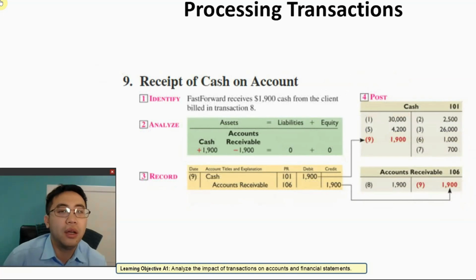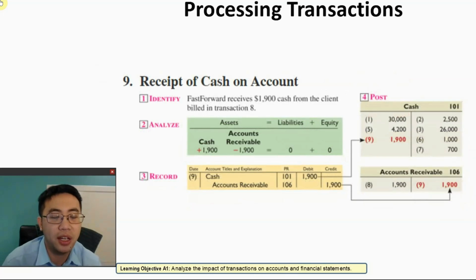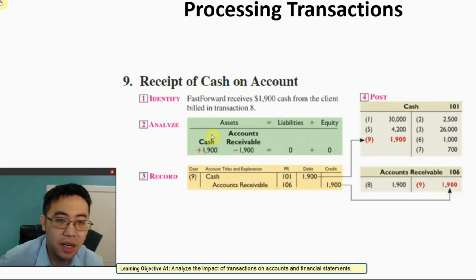All right. Number 9, the company just receives $1,900 from the client billed in transaction 8. So basically, the bill is being paid off. So they finally give money to you in cash. So what happens is you'll receive $1,900 cash, but that bill you gave them will disappear.